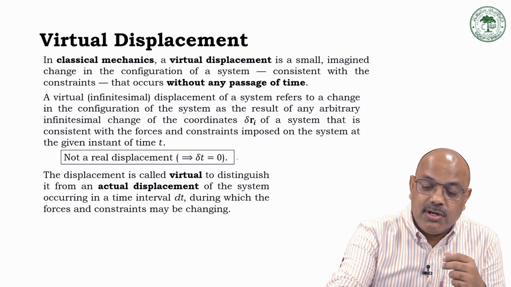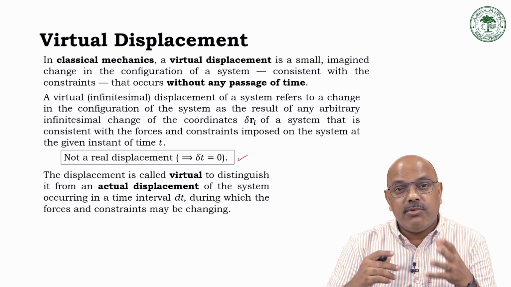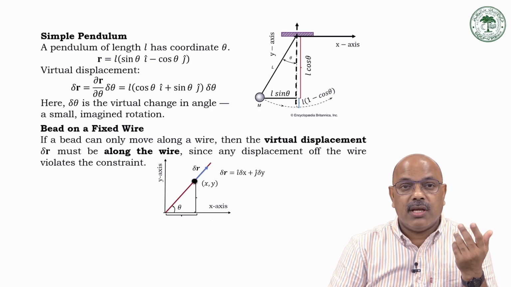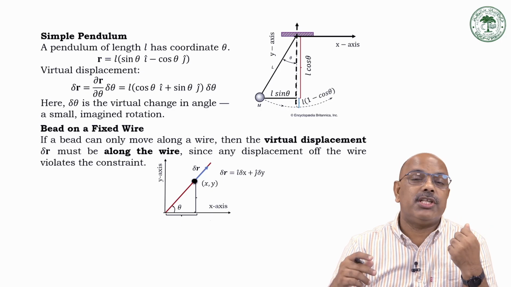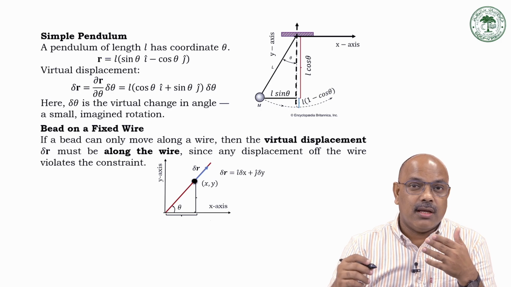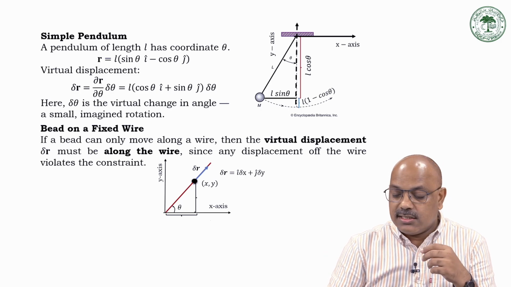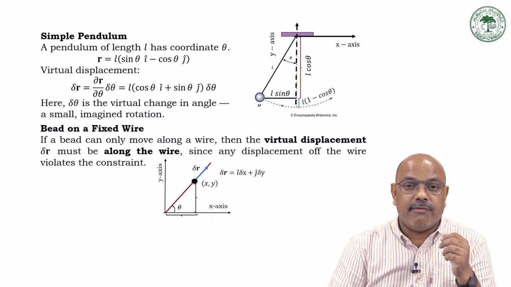That is, we don't take time into consideration, delta t is 0. The concept of virtual displacement was discussed basically to get rid of the work done by the constraint forces, and that is the principle of virtual work.